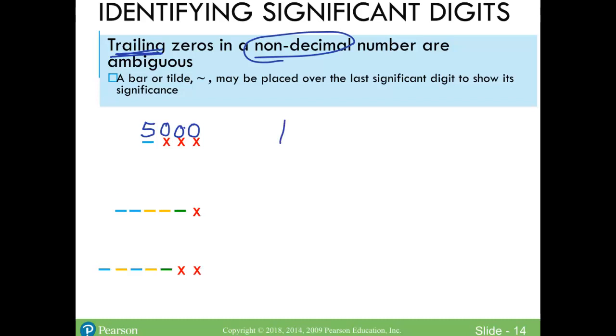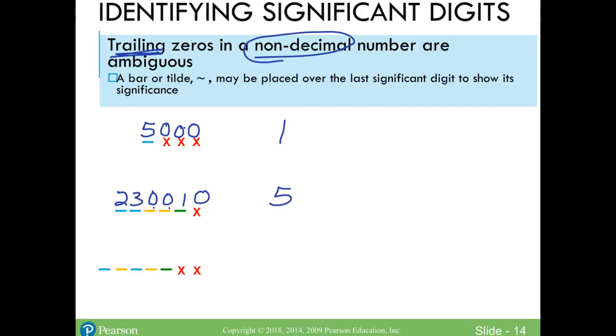If we had something like 2, 3, 0, 0, 1, 0. So this is not a decimal number, 230,010. These zeros here in between those non-zero digits, those are significant, but this trailing zero is not. So that's 5 significant digits.